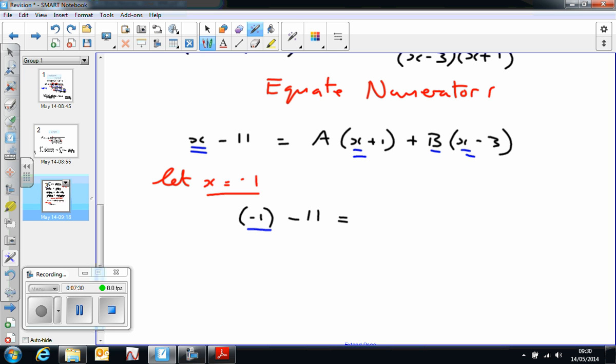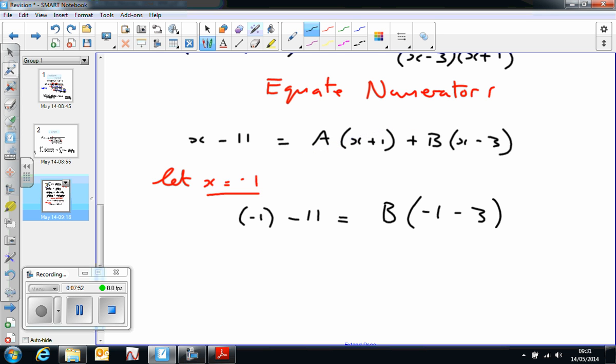So minus 1 minus 11, which is this bit, equals minus 1 plus 1 is 0, so that means this term has gone, right? And then we're just left with B times (minus 1 minus 3). Minus 1 minus 3. Again, because x equals minus 1.